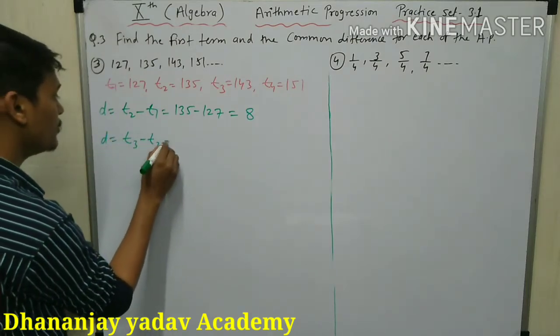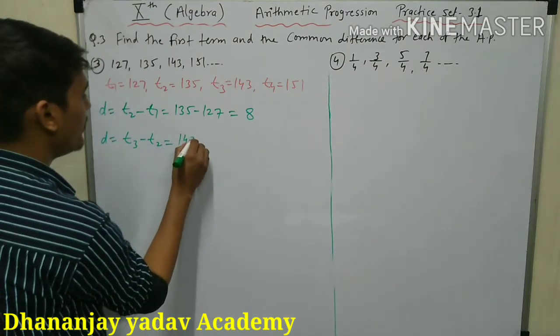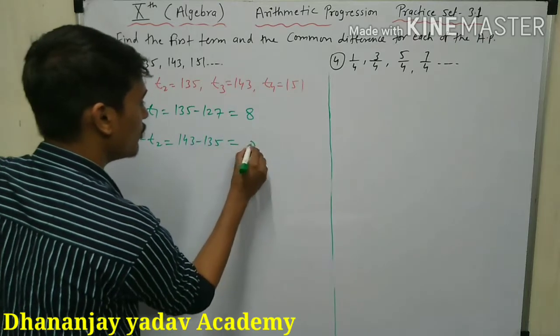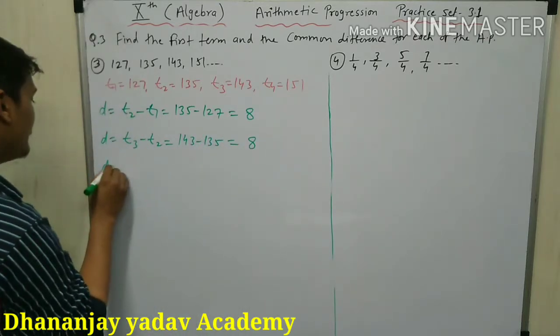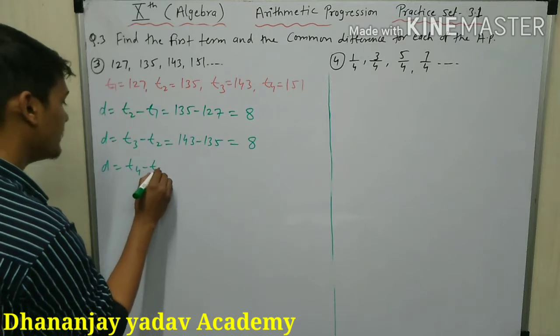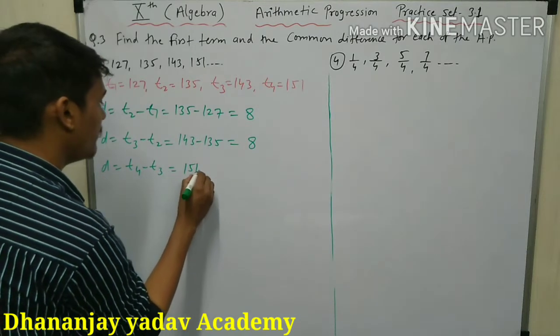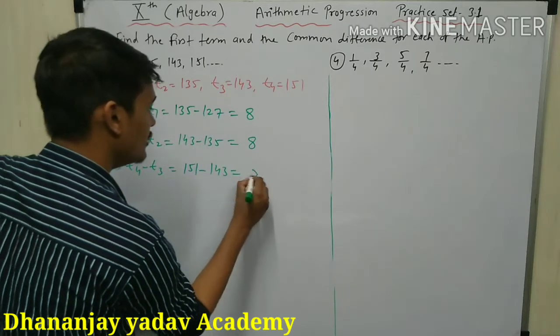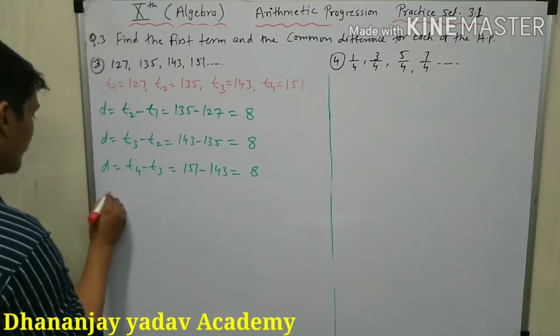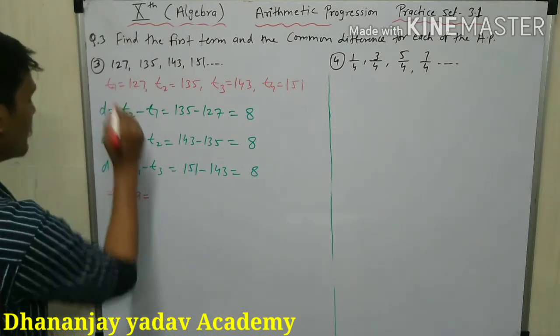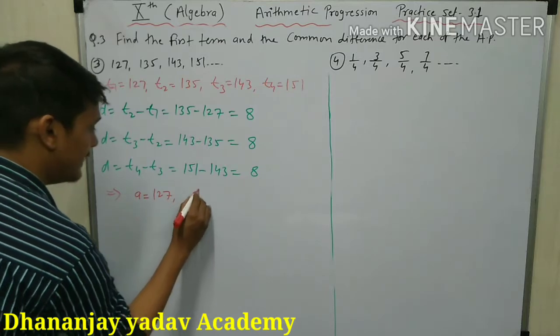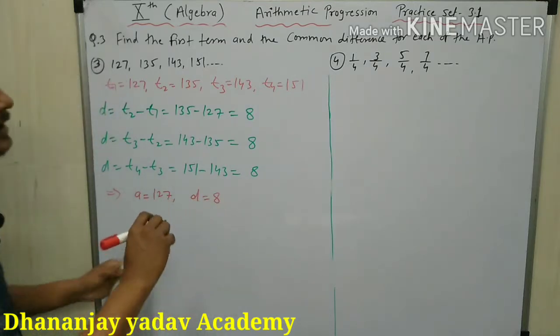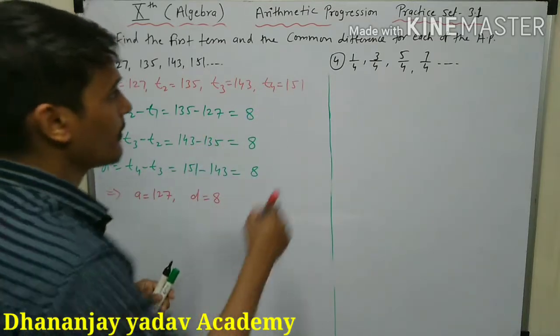T3 minus T2 is 143 minus 135, which is 8. Now find out the same, T4 minus T3 is 151 minus 143 is equal to 8. You can write here, what is A? A is 127 and D is 8. Now question number 4.